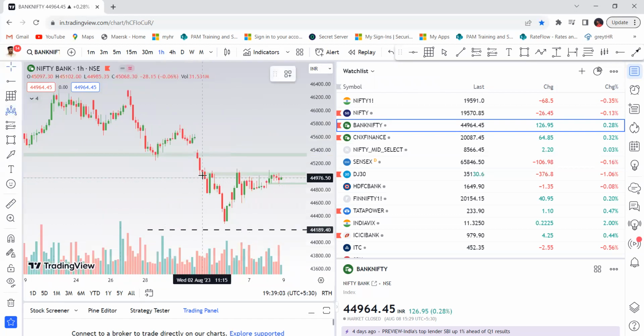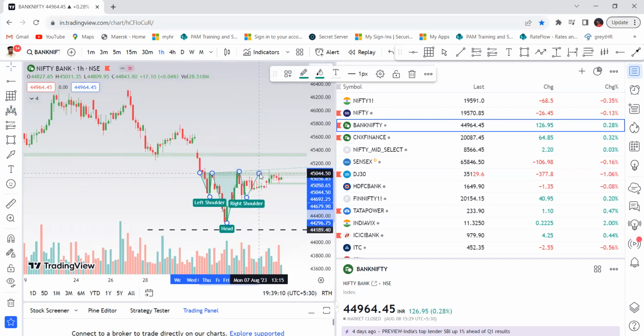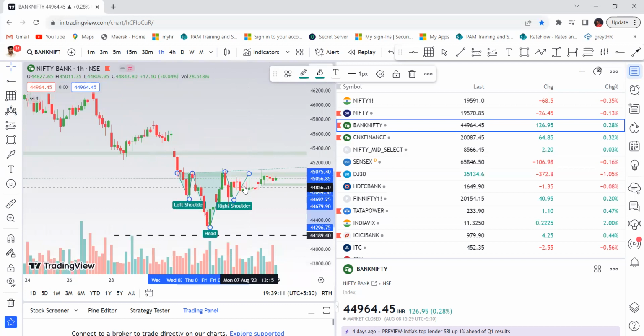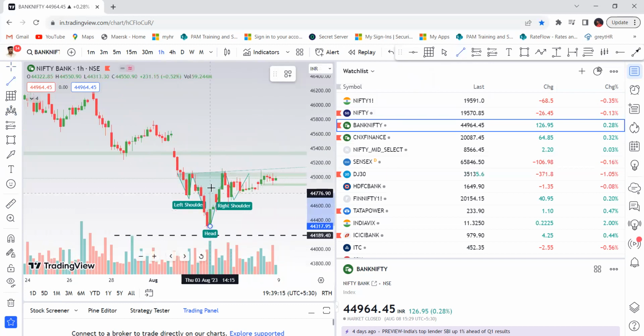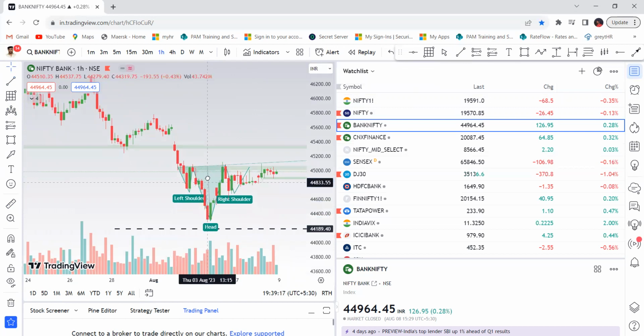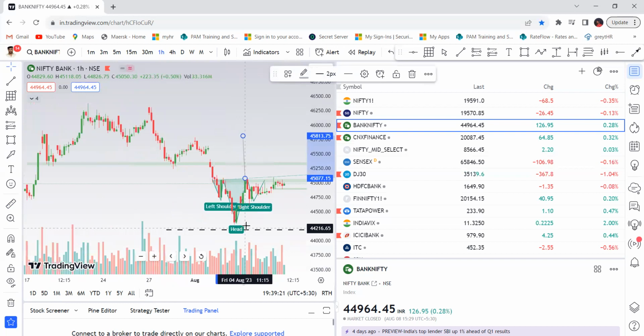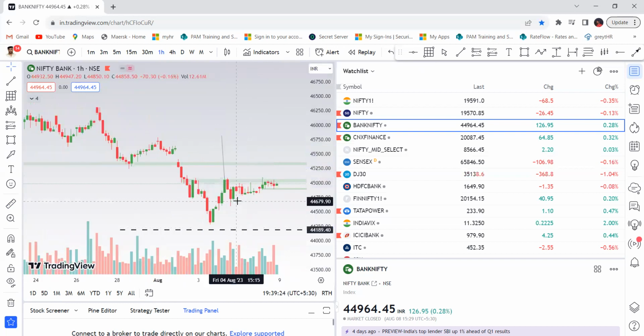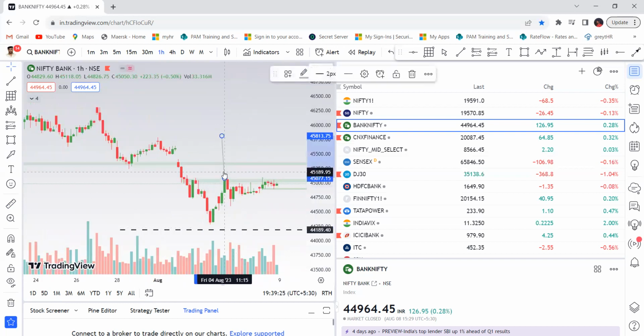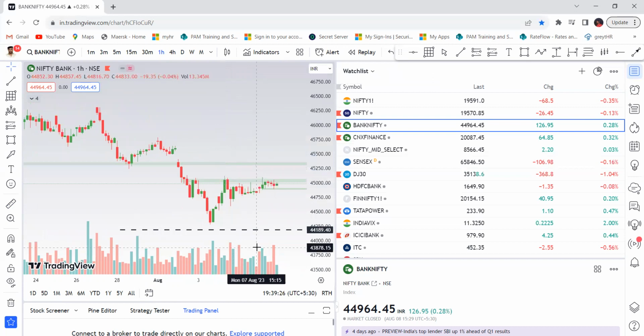Now it's forming an inverted head and shoulder. We just mark it here. Once it breaks, it's about to move till here. So that's on the head and shoulder pattern.